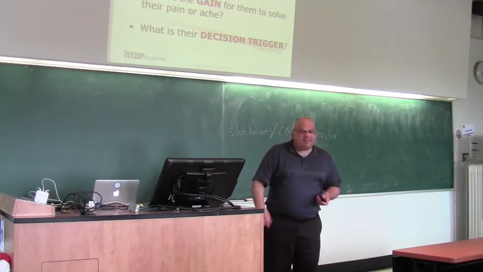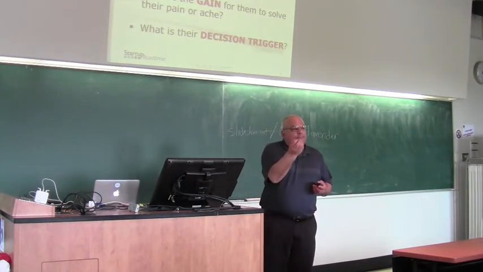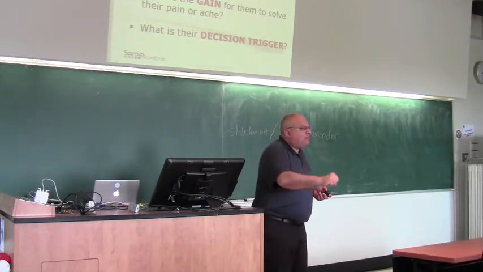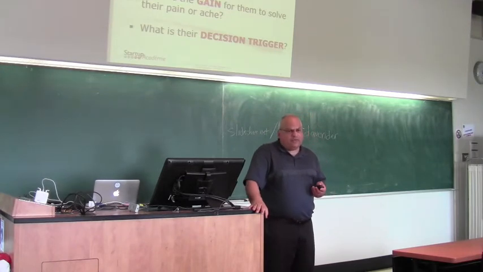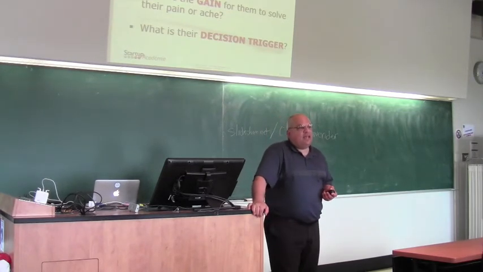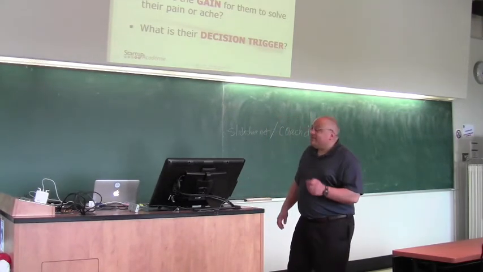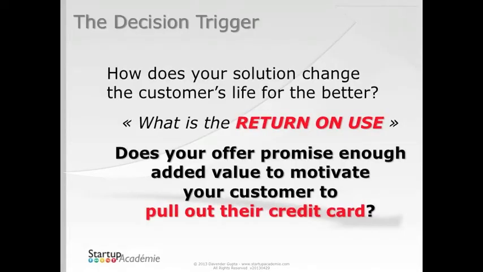And then also the decision trigger. That's the core when you dig down really, really deep. And next week we'll do that in the validation process. What is their decision trigger? So how do people decide that I'm going to choose you? What is the return on use?